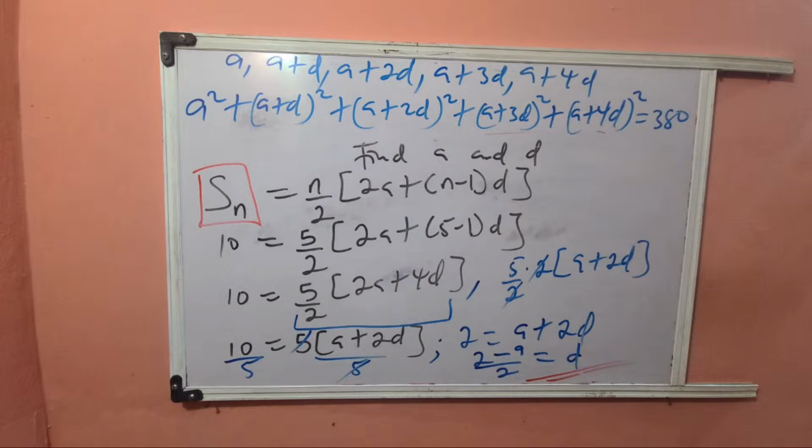I want you to walk along, because I'm sure you are with your jotters and books, so that you can get the best from this class. Now, you're told the sum of their squares, and you have your d expression as 2 minus a over 2. Wherever you saw d, fix in this value of 2 minus a over 2.